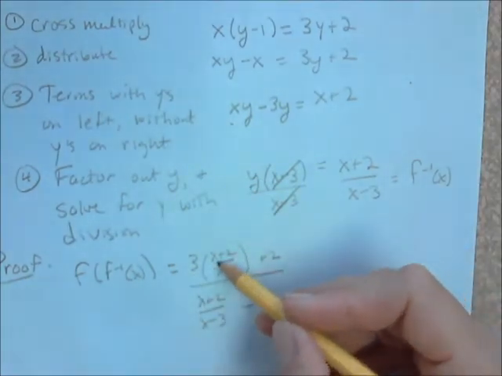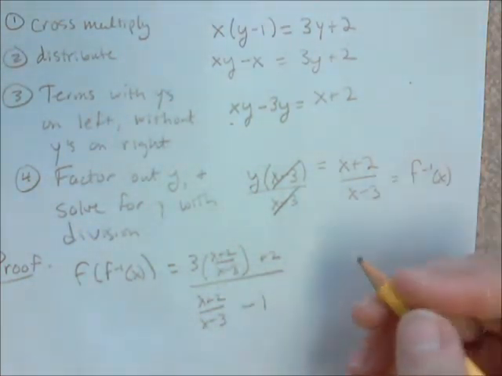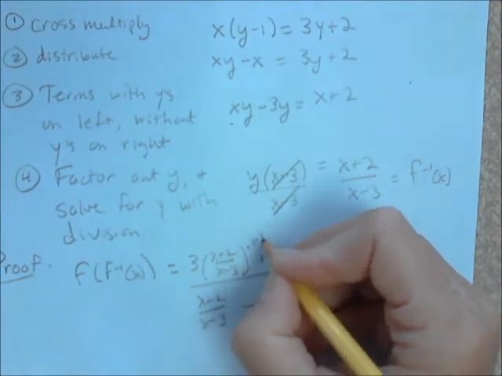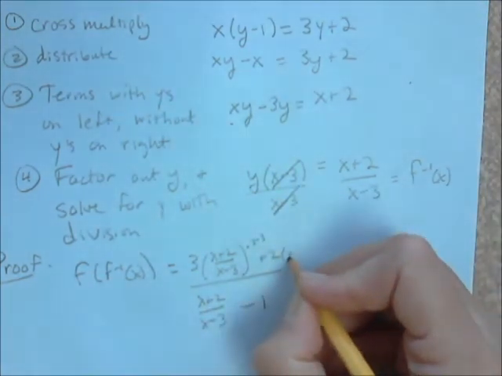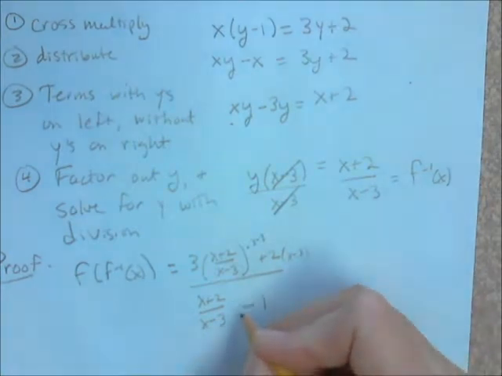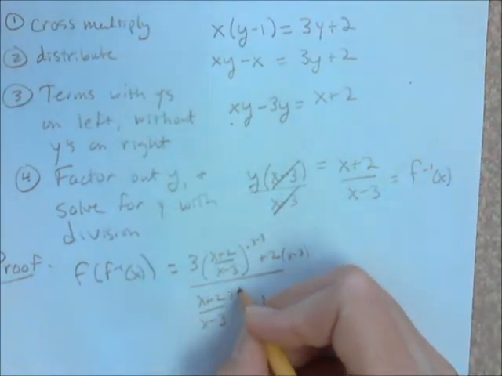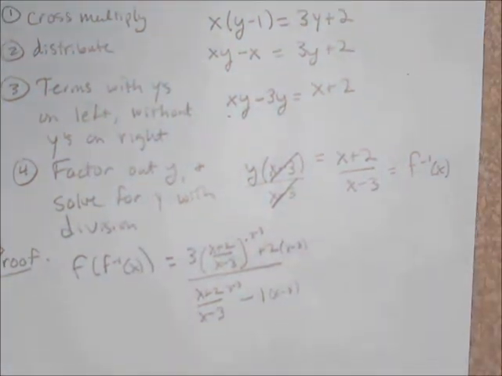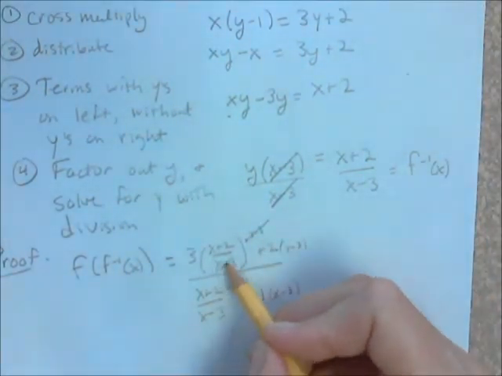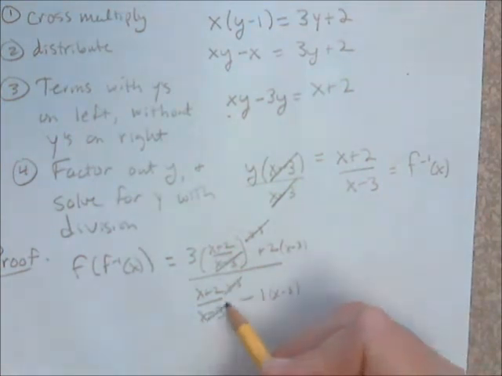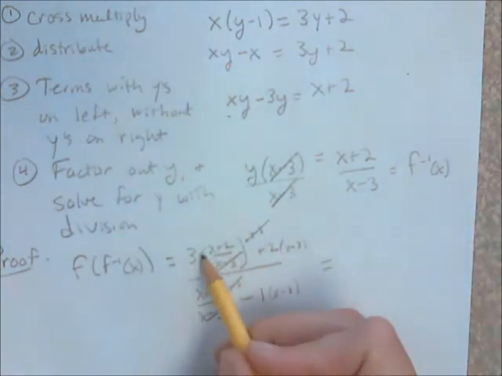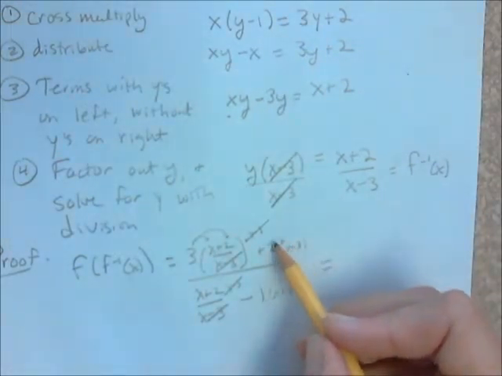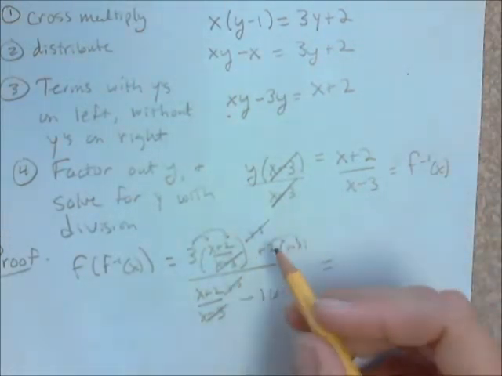Amongst all the terms, the LCD is x minus 3. So we're going to multiply everything by x minus 3. So this term, this term, this term, and this term all get multiplied by x minus 3. And what that does is it cancels out these denominators, and all we have to do is distribute the 3 through these parentheses and distribute the 2 through these parentheses.